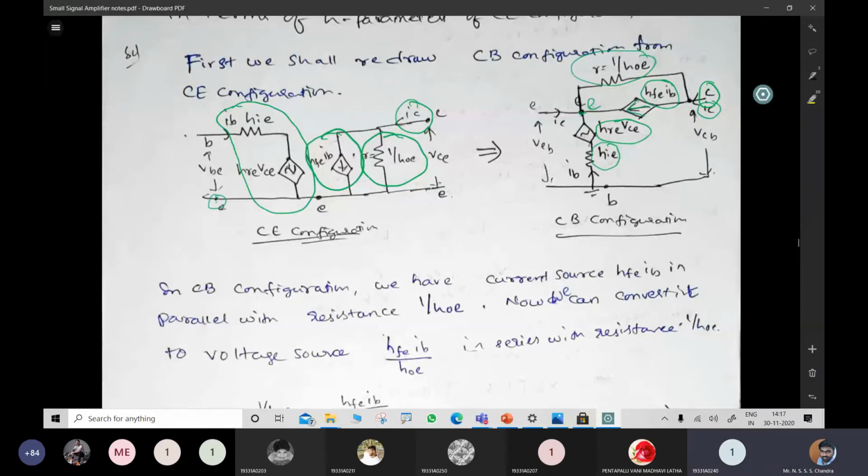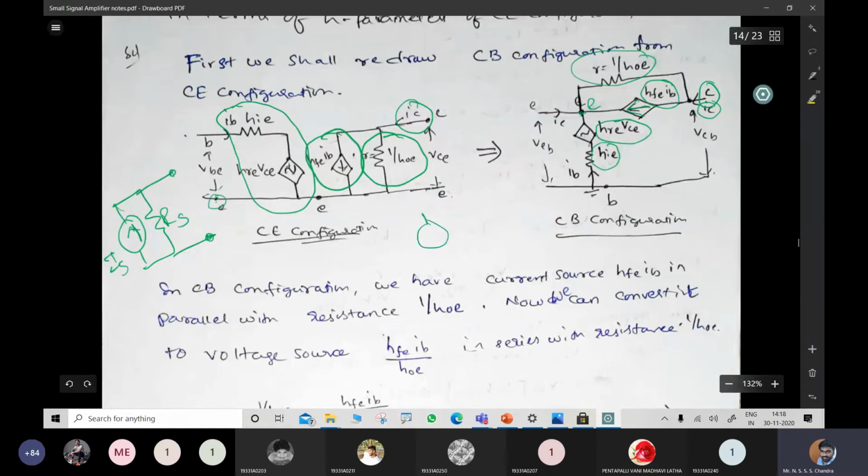Right. So for example, if you have a current source IS in parallel with the resistor RS, and you want to do the source transformation, it will become a voltage source in series with resistor RS.